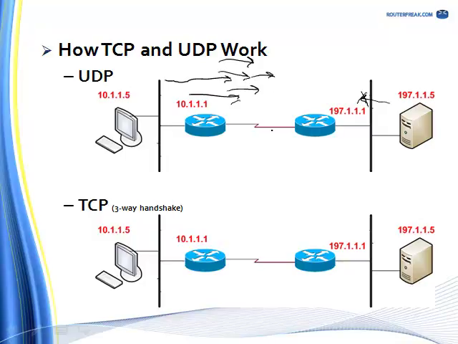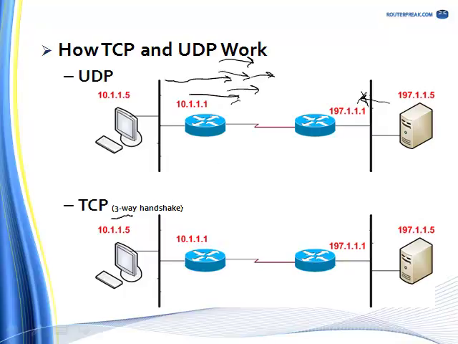Something could happen along the way, and some of these packets might fail, and we would never know. For the most part, you'll lose maybe one every once in a while, but for the most part, they will get through. Now, with TCP, because it's connection oriented, it involves this thing known as a three-way handshake.